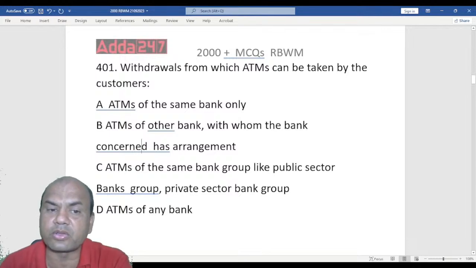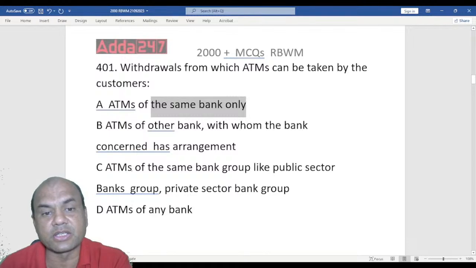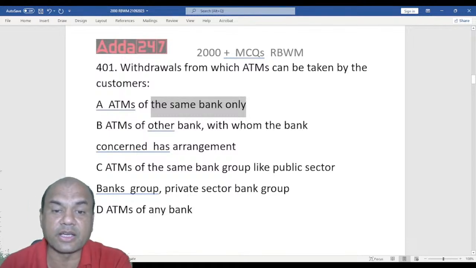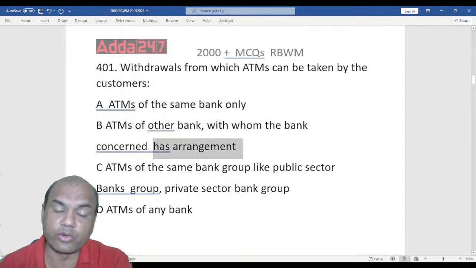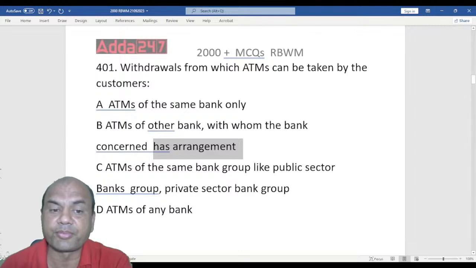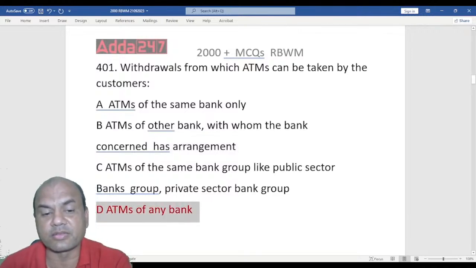Same bank, you can withdraw through the same bank only. One bank's ATM is not used in other. Other is other bank with whom arrangement is there. Arrangement is also important. Don't you think we should have an arrangement? So is B the answer or D? It is ATM of any bank. That is the right answer.